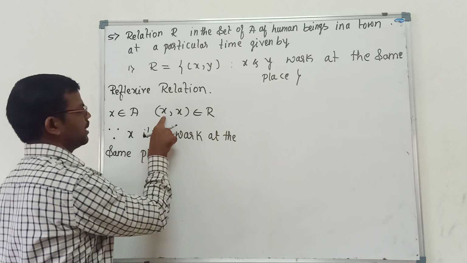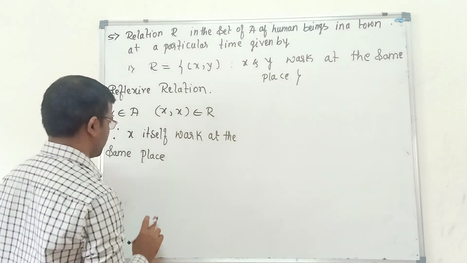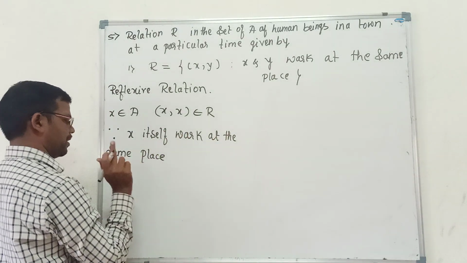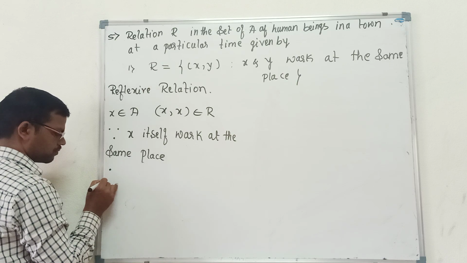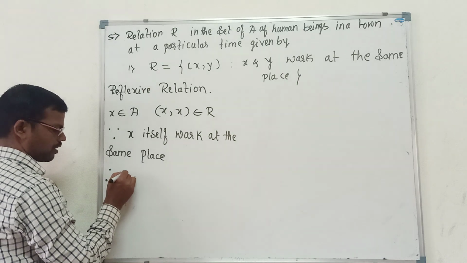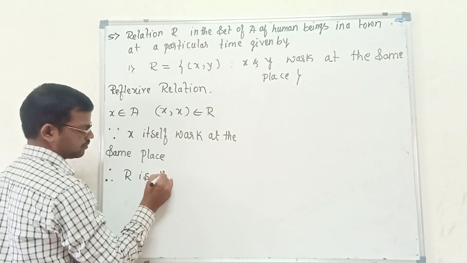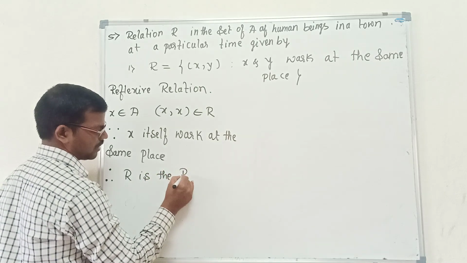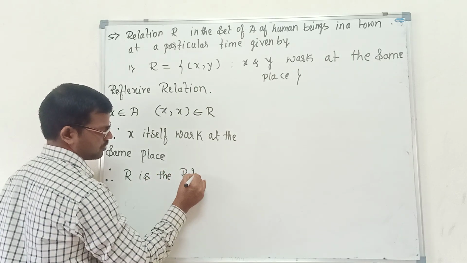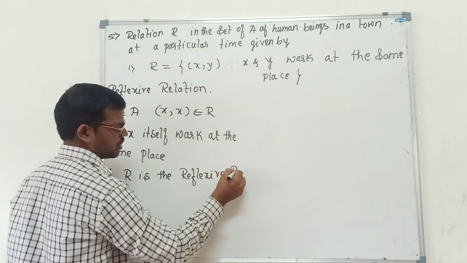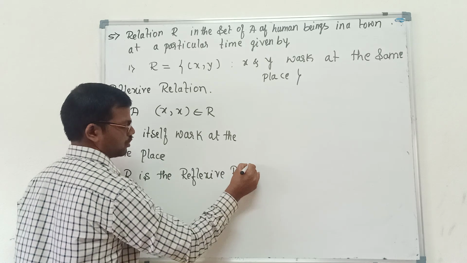So for that reason, (x, x) belongs to R, because x itself works at the same place. Therefore, R is a reflexive relation.